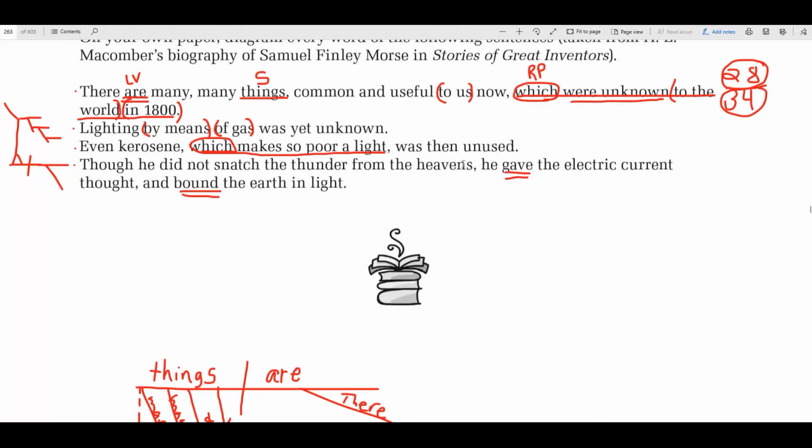This is a dependent clause, which means you will have a subject and predicate, which you do. Did snatch is your verb, and your subject for this would be he. Then you're going to have that little dotted line with the word though between the two. Remember? So I'm going to let you try this yourself.